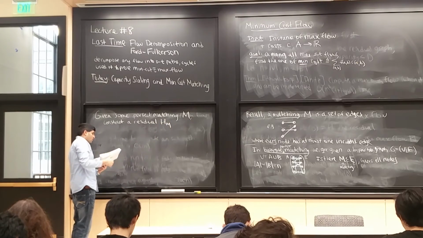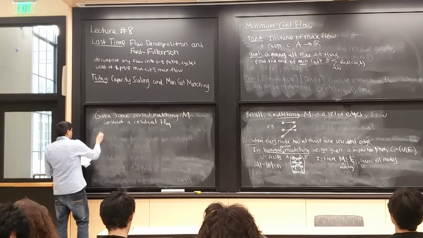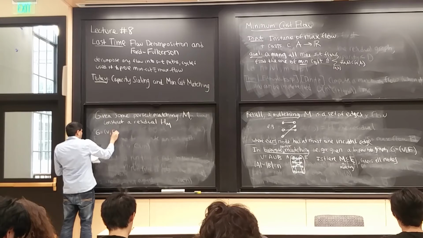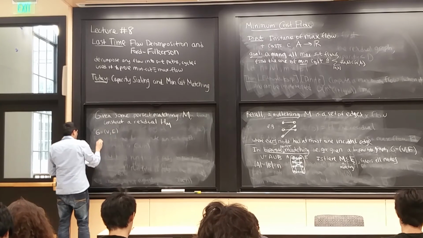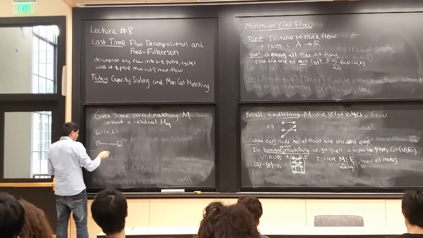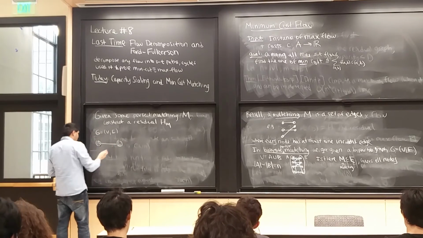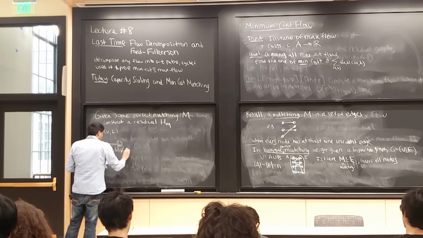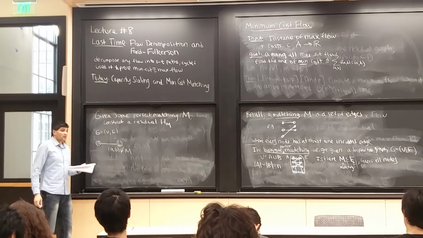So here's what you're going to do, you're going to apply the following operations. Every time you have an edge in the original graph, and it's bipartite, so it goes from some A on the A side to some B on the B side, you can do one of two things depending on whether or not it's in your current matching. Let's talk about what it does when it is not in your matching.